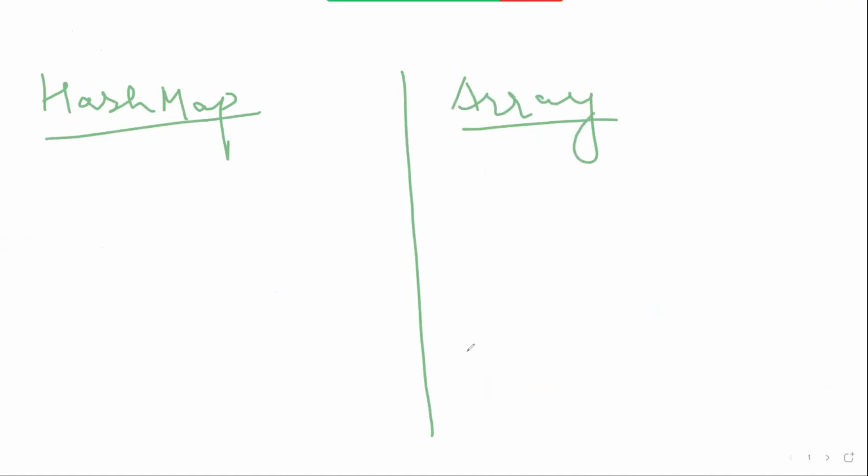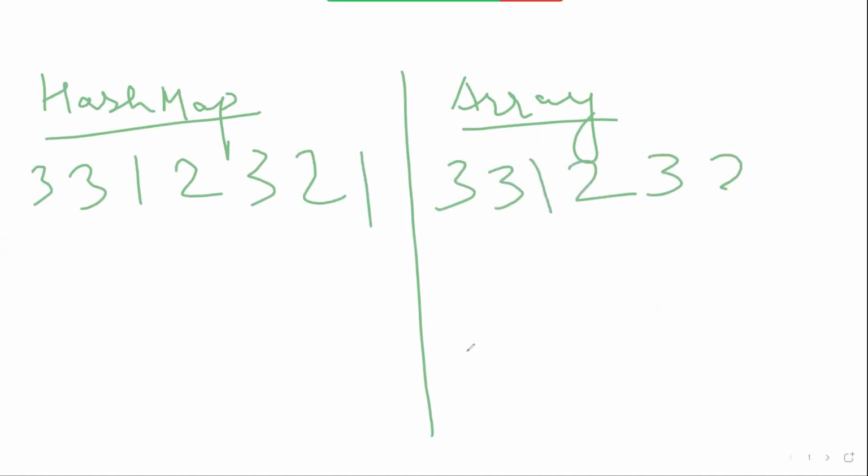See, if you take a hash map and you take elements, suppose 3 3 1 2 3 2 1, and the same for key value pairs. So 3 has frequency 1, then 3 has a frequency of 2, 1 has a frequency of 1, 2 has a frequency of 1, 3 has a frequency of 2, and 2 has a frequency of 2, 1 has a frequency of 2.